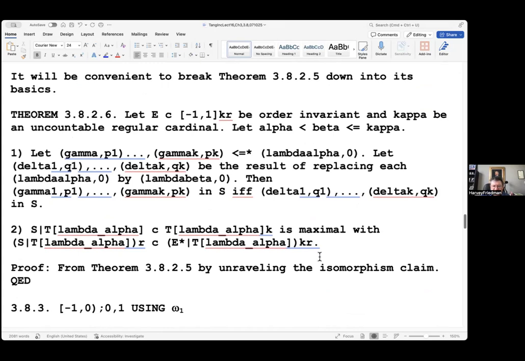less than or equal star lambda alpha 0, and if I have delta 1 through delta k be the result of replacing each lambda alpha 0 by lambda beta 0, you see?